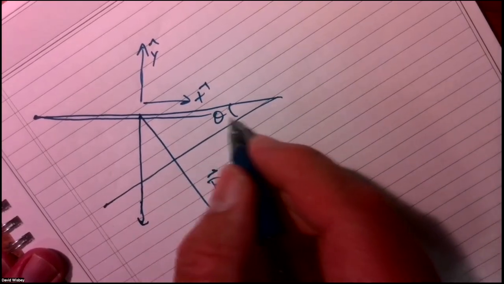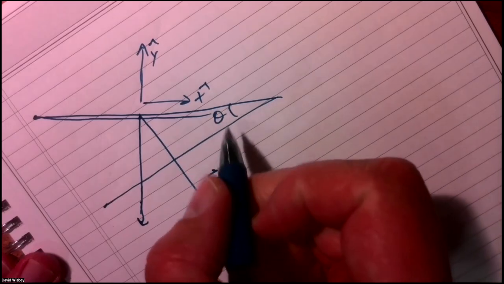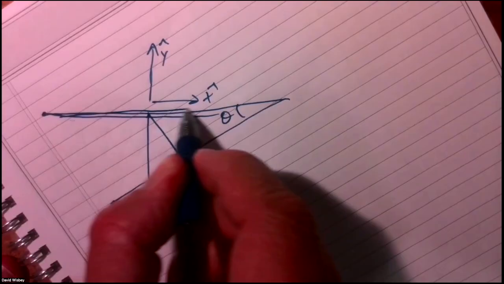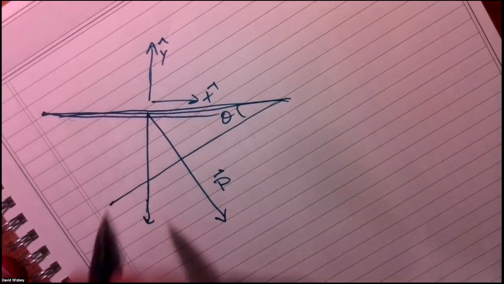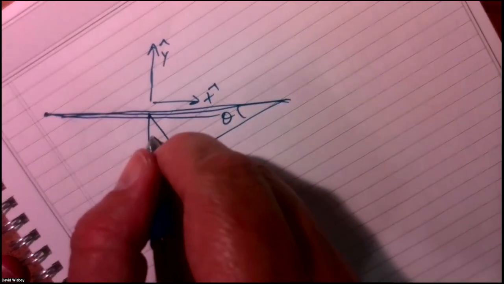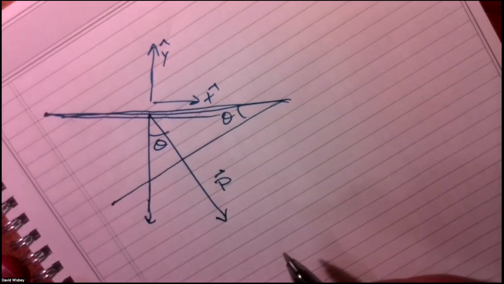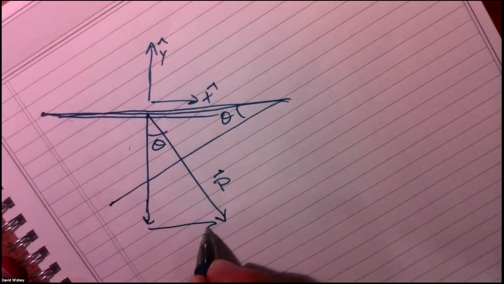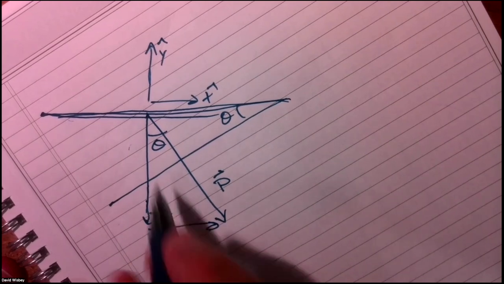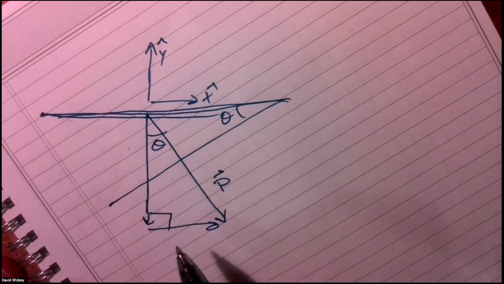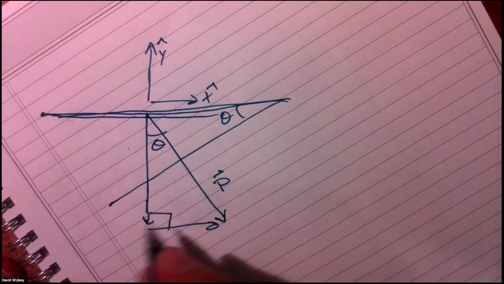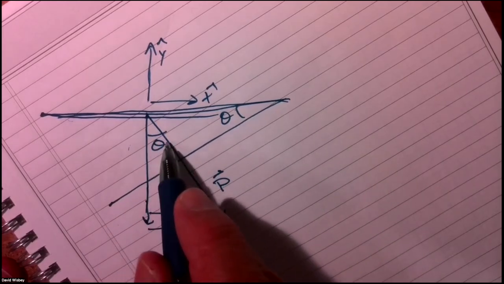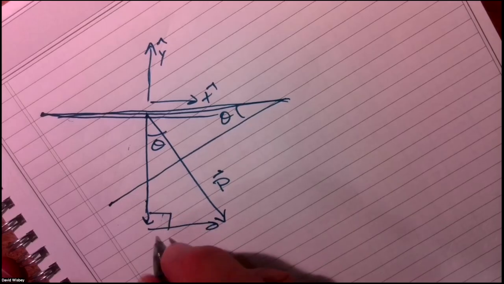Now the key here is something that you need to recognize and just accept: the angle theta here is going to be the same angle here. So if I tell you the angle theta here, it's that angle. Now we've got a right triangle with the same angle. If we want to find the components of P, here's our angle, and we take the opposite side over here.